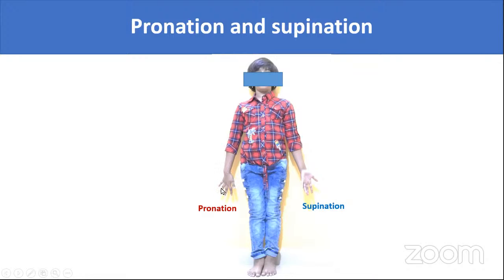This position is the prone position, whereas this position is the supine position. Okay, so from this position, when you move to this type of position, it is called supination. And from this position of the palm, if you move in this direction, then it is called pronation.